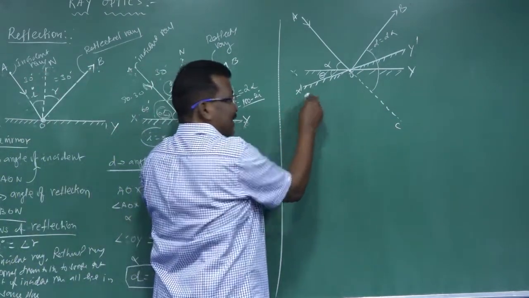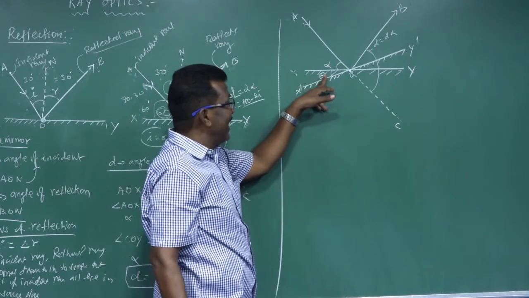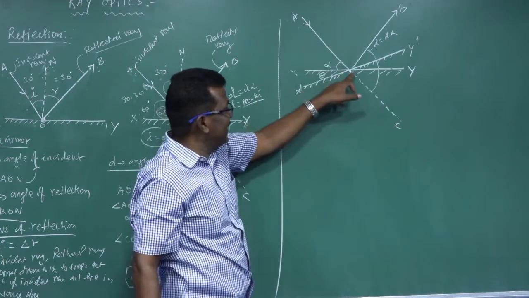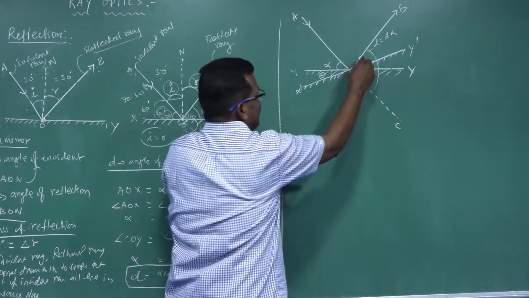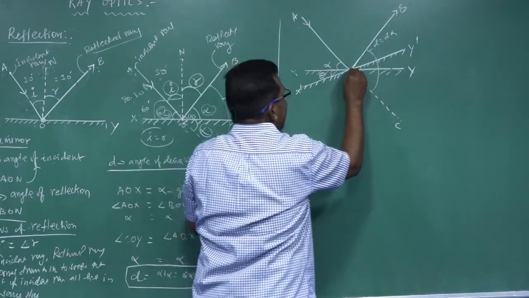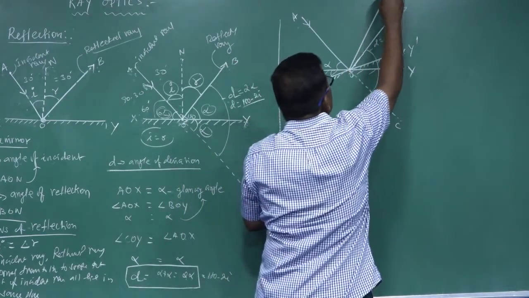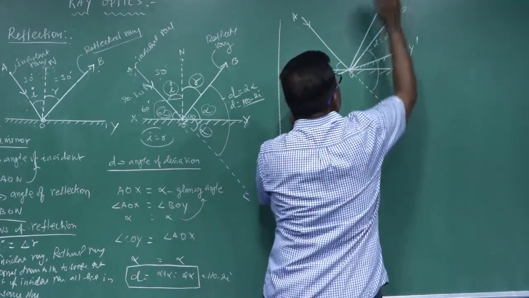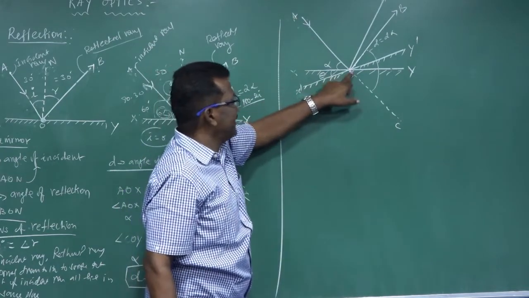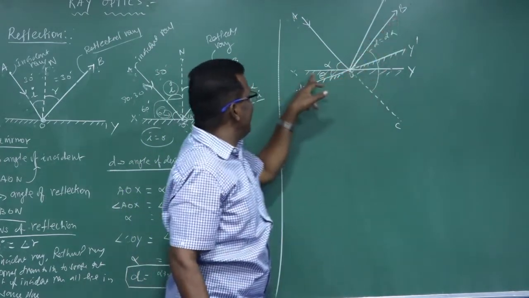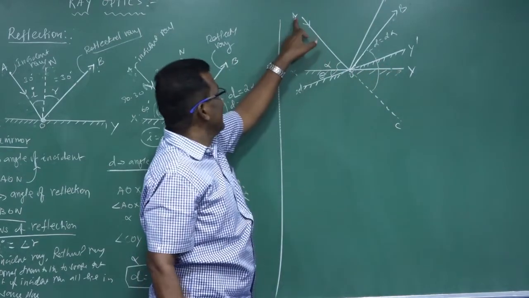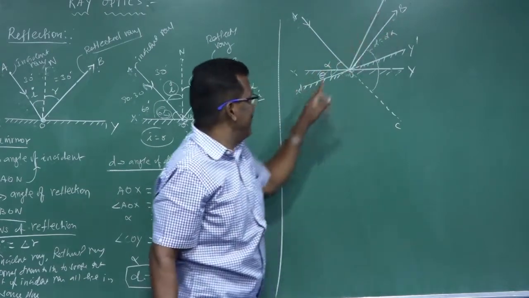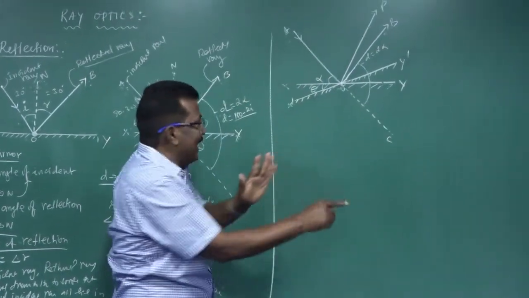If the plane mirror is rotated through a certain angle theta with respect to XY, the same ray of light incident at the same point is reflected differently, to a point P. AO is the incident beam, OB is the reflected beam at position XY, and OP is the reflected beam when the plane mirror rotates by angle theta.